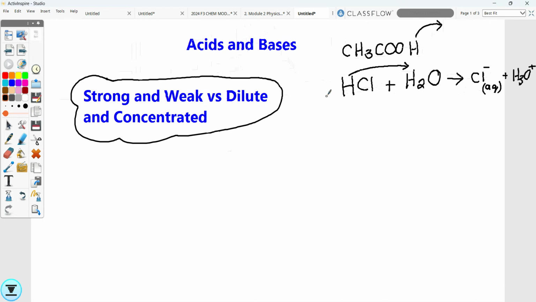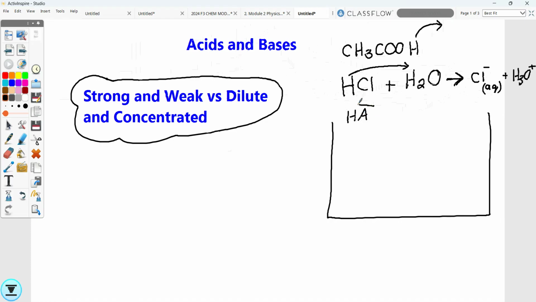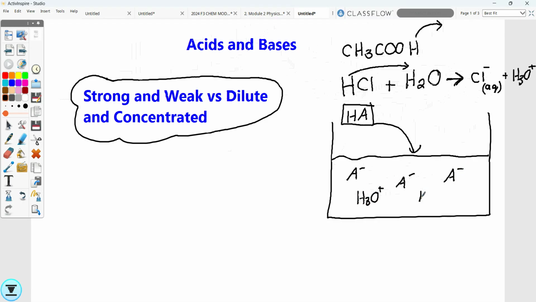But if they are strong, why do we put a single arrow? They ionize almost completely. So that means if you have a particle diagram and I put HA in here, and that acid is my strong acid, as soon as it hits the water, all of it is going to change into A minuses swimming around and H3O pluses swimming around.